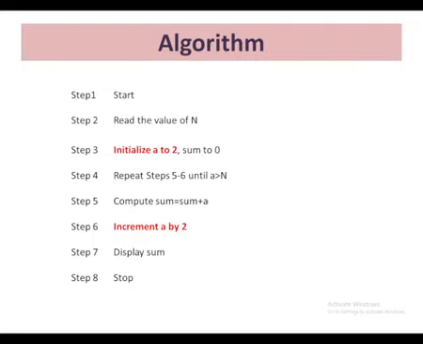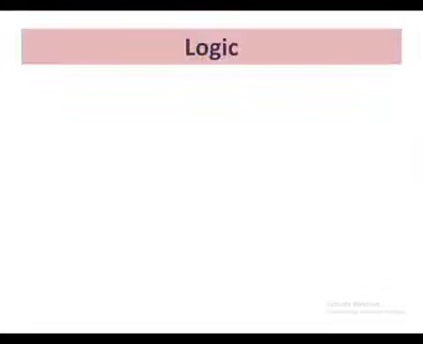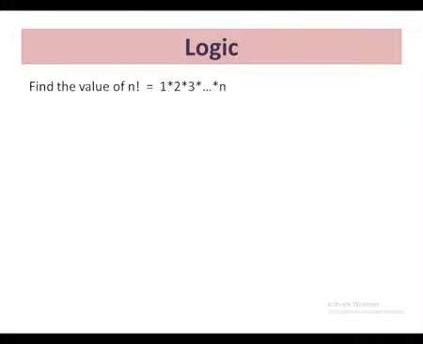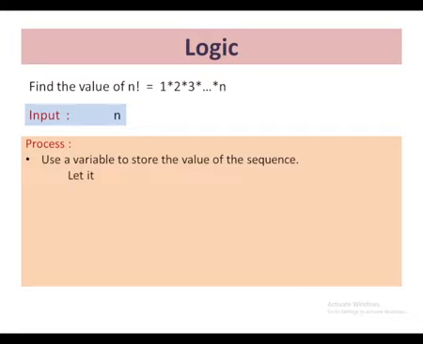That's it. Now a slight variation of this problem can be used for finding the factorial of a number. Let us examine the logic. What is the factorial of n? It is 1 into 2 into up to n. Here also the input is n, and in the process you use a variable to store the value of the sequence, similarly.